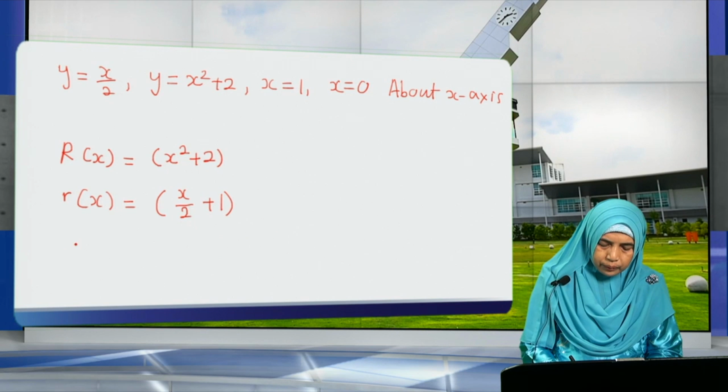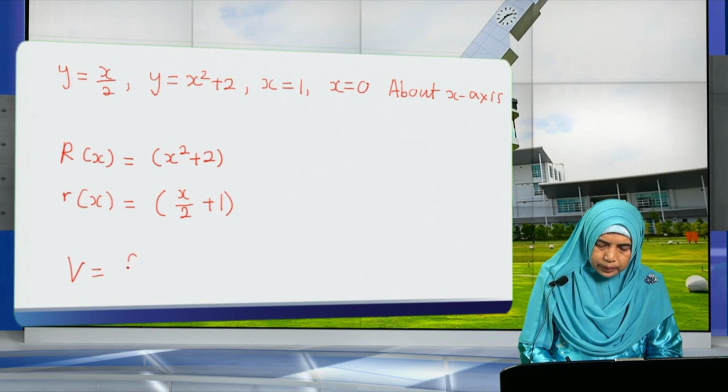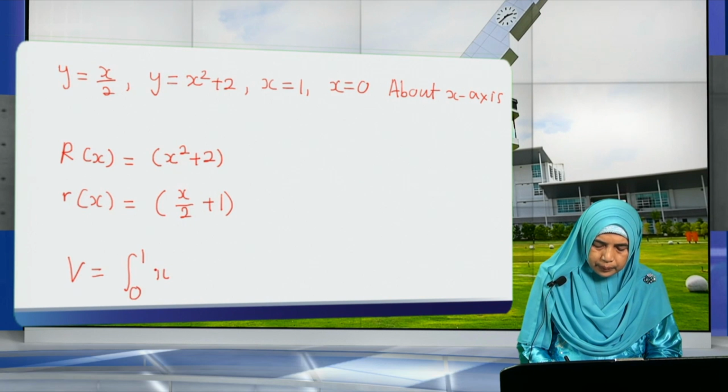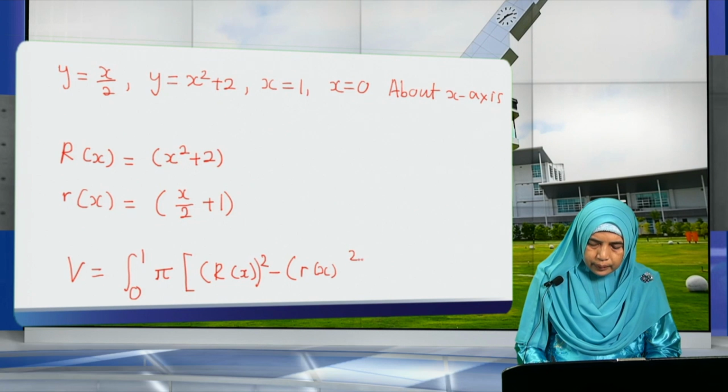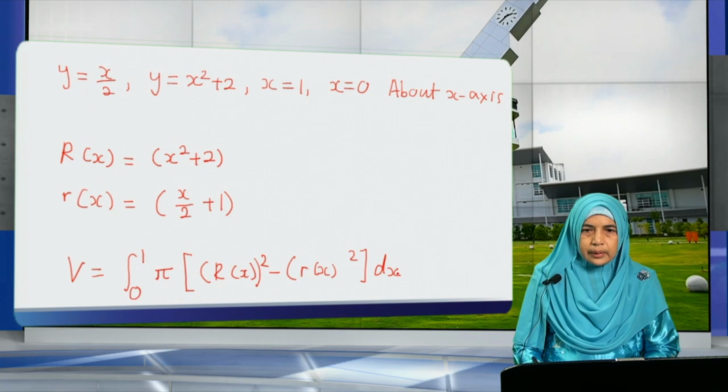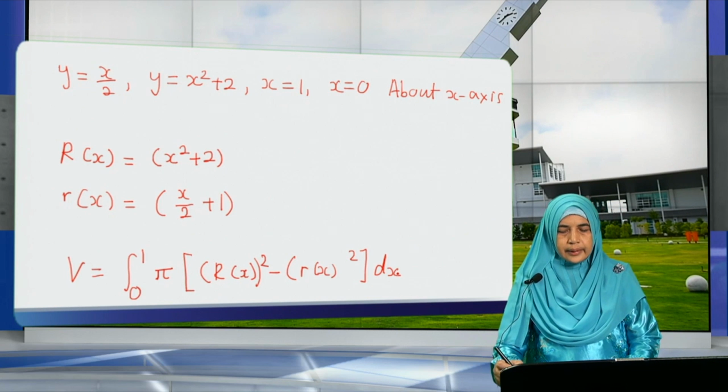So we have the volume, which is the integration from 0 to 1 of pi times the outer radius squared minus the inner radius squared. Then we integrate it with respect to x.